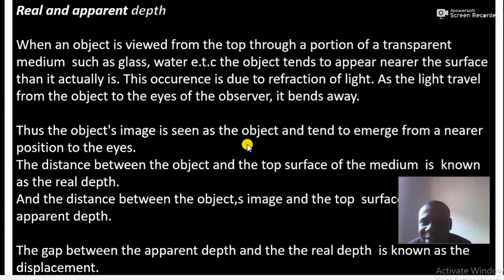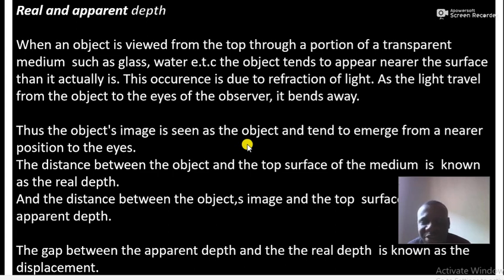This is as a result of refraction of light, and this is a very important concept because it will give rise to a formula for calculating refractive index too, in case we are not concerned with the speed of the light wave in the medium. We can use the concept of real depth and apparent depth.